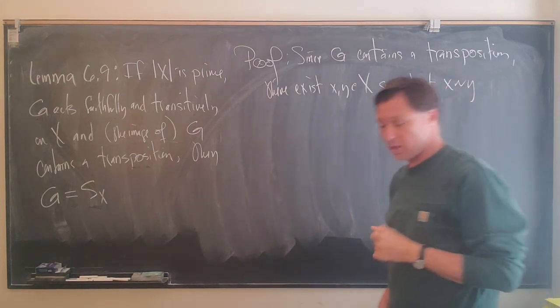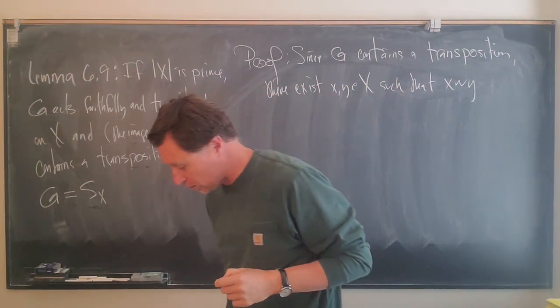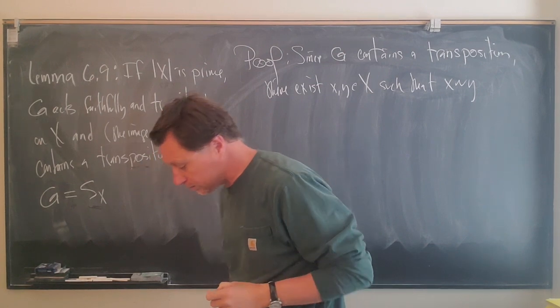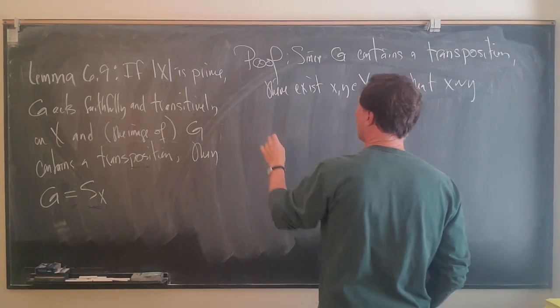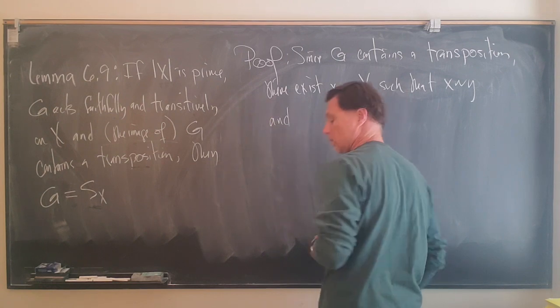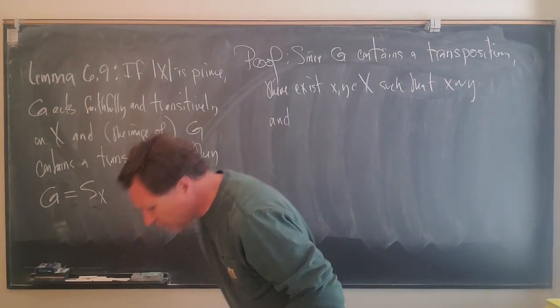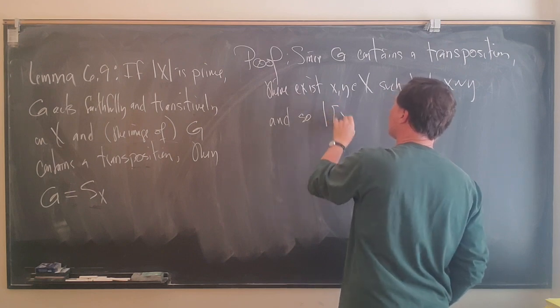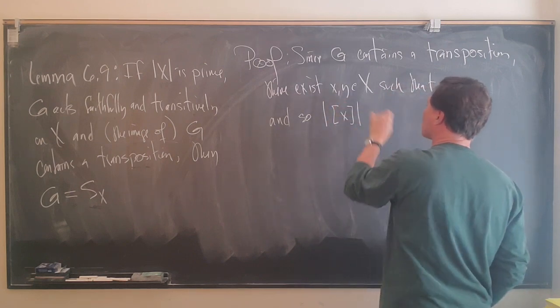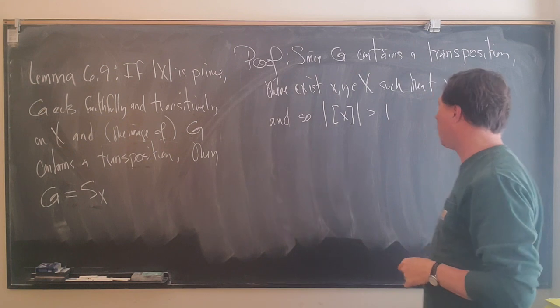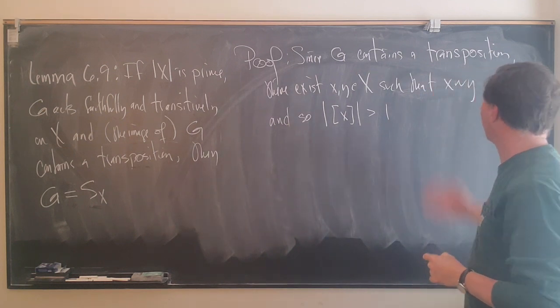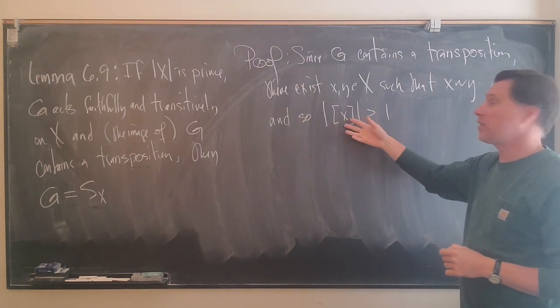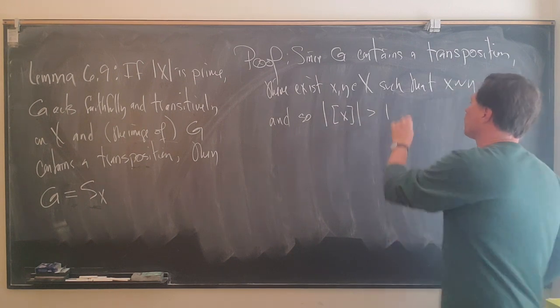Remember the equivalence relation that we had from our previous result. And so the cardinality of the equivalence class of x is strictly greater than 1. It's got at least one other element within the equivalence class, namely y.